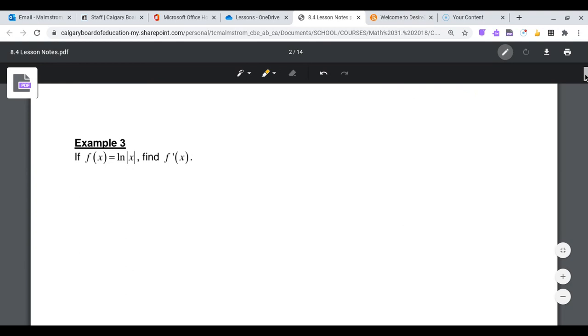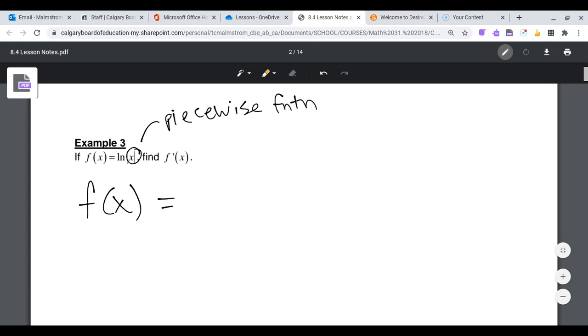Okay, here we have: what if f of x is equal to absolute x times ln absolute x? So first of all, I'm going to rewrite my f of x function in its piecewise definition because I have an absolute value. So you have to remember this guy is a piecewise function. What does this mean?